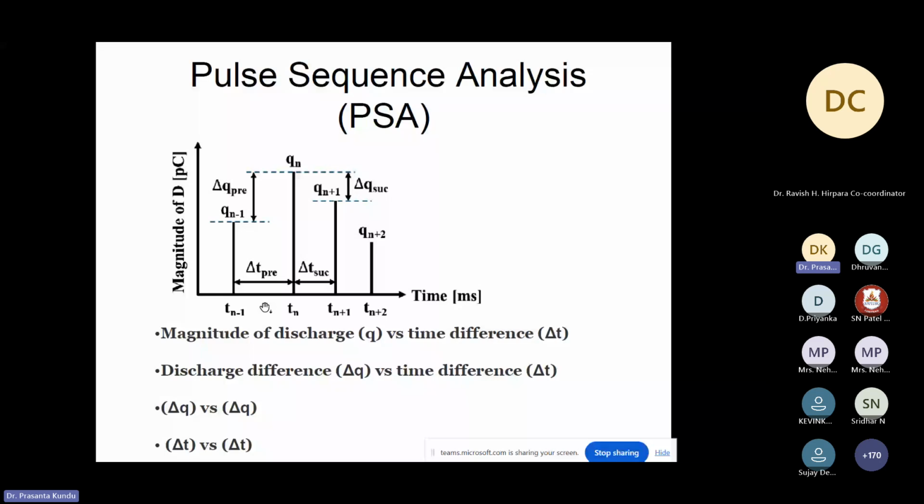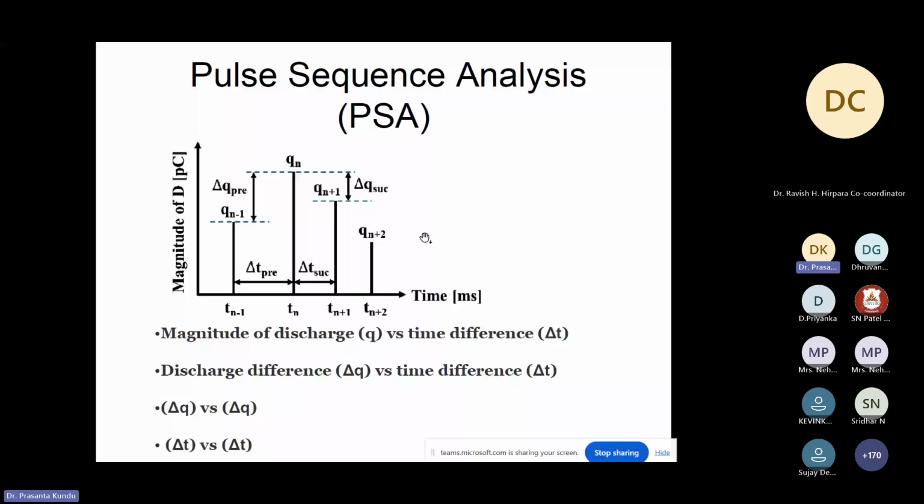Based on these cases, we do the pulse sequence analysis. We record the pulses, and we record the difference between the previous one, that is delta pre, and the successive one, that is delta successive.